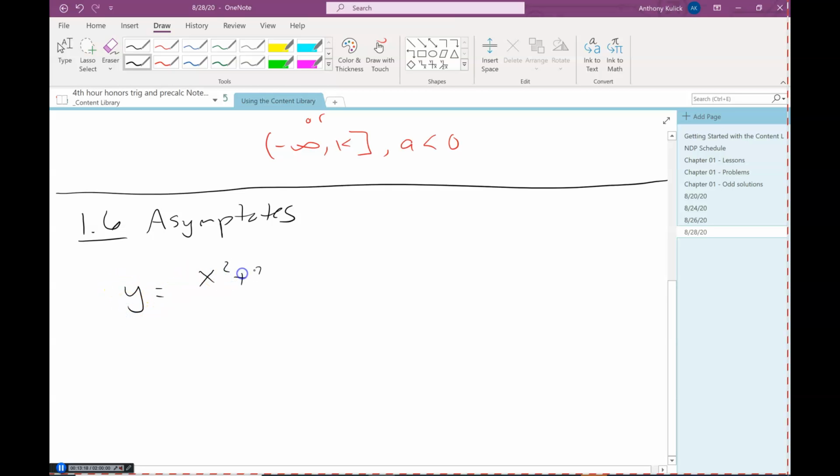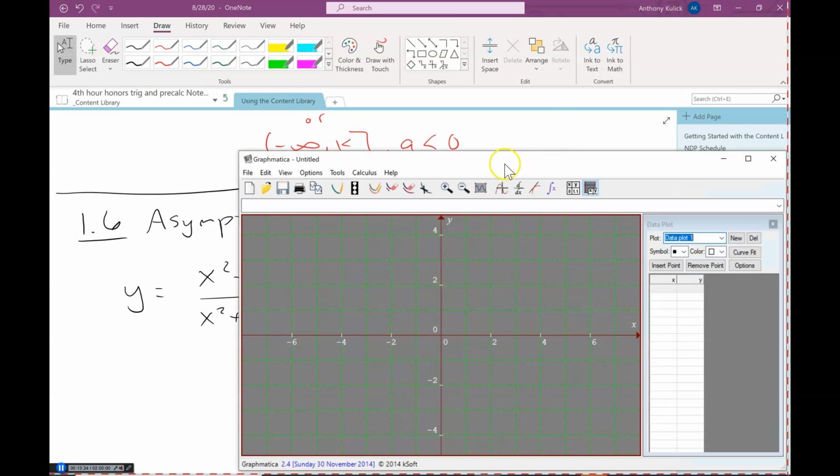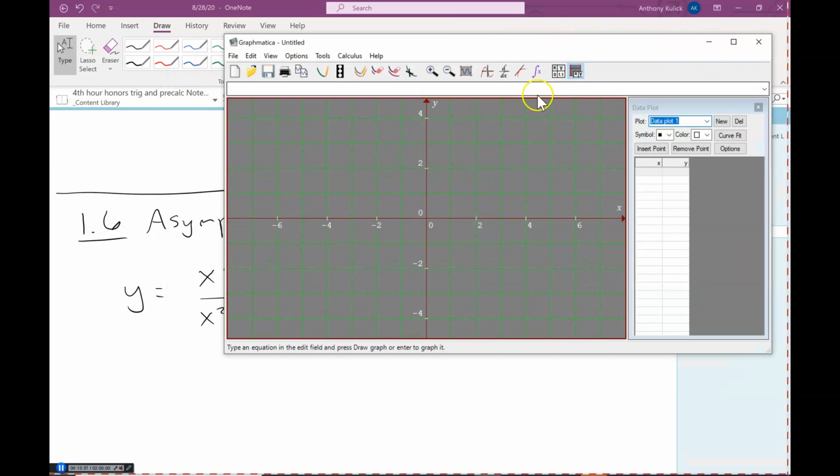So let's say we have y equals (x squared plus 3x minus 3) over (x squared plus 2x minus 3). And I'm going to graph this in Graphmatica because it's a little bit easier to get a picture that's going to look good in my notes. But your graphing calculator will graph this just fine also. So let me do that.